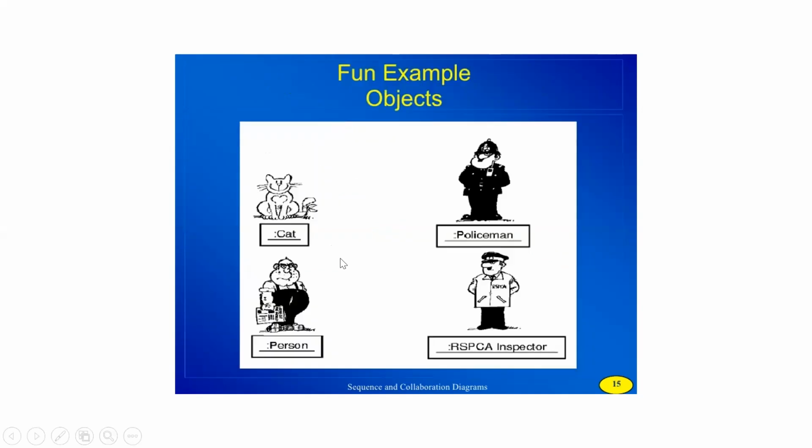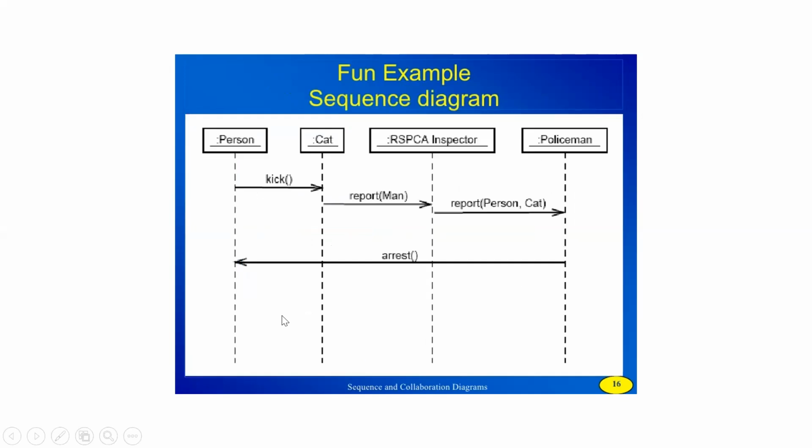For example, say the objects of a system are cat, policeman, inspector, and a person. If we have a sequence where a person kicks the cat, the cat reports to the inspector, the inspector reports to the person and the cat to the policeman, and the policeman arrests the person. So these are the sequences which are given, and the numbering would be 1, 2, 3, and 4 for the arrest.